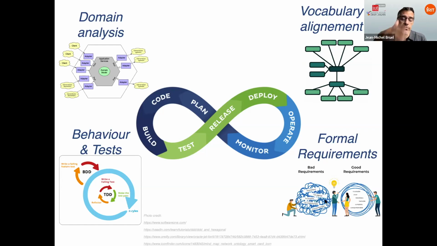I'm pretty sure you have all seen the V cycle and the impact in terms of cost on a development where something is wrong at the requirement. When something is wrong at the code, this is the very bottom of the V cycle. You can fix the thing very easily and cost effectively.